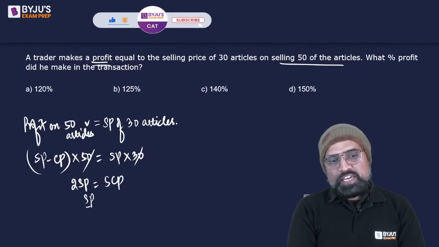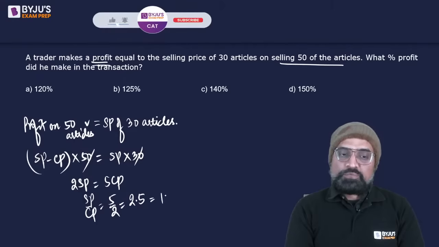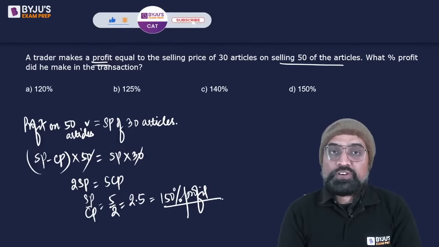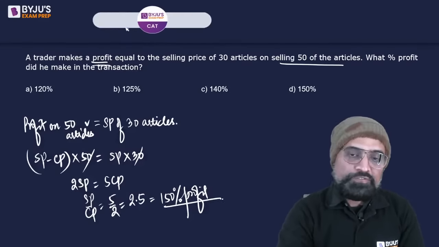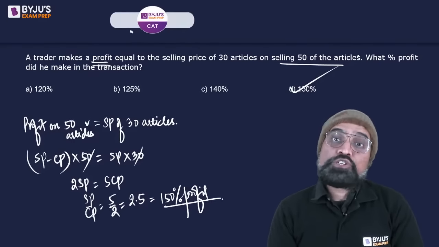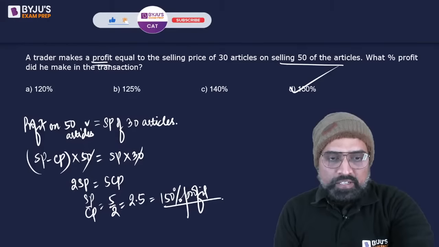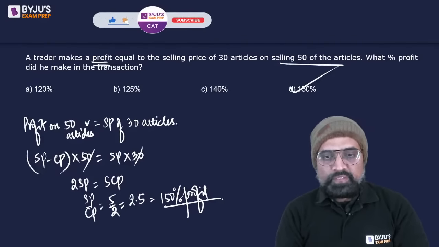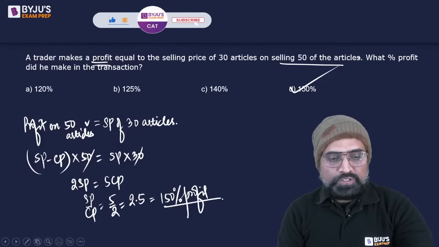So I will have SP by CP is equal to 5 by 2, which is 2.5, which gives me 150% profit. Right? If the multiplying factor is 2.5, that means you will have a 150% profit. So Delta is the answer, like most of you eventually answered, except for 2 or 3 of you. Chalo, good.